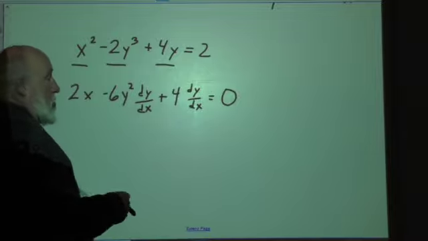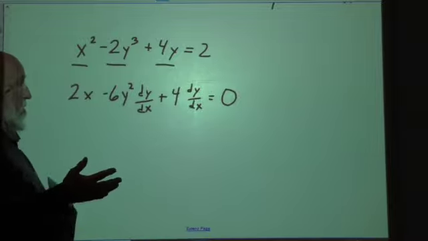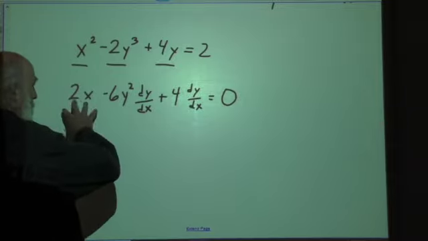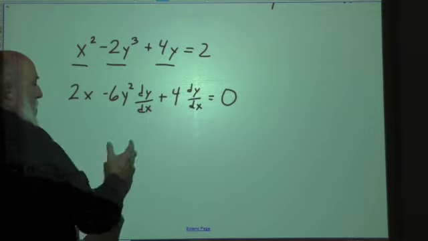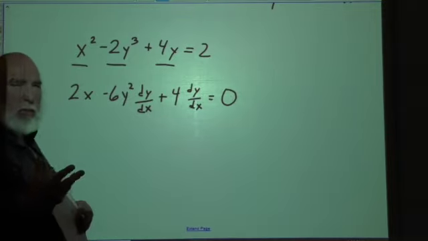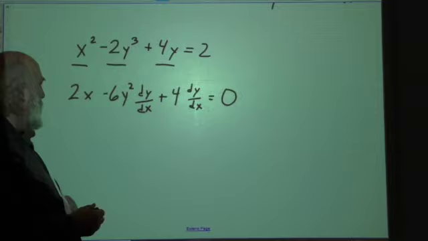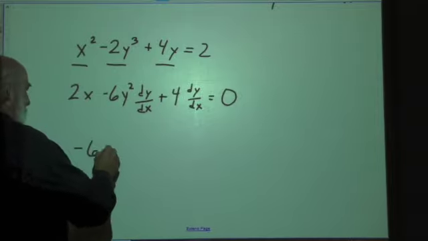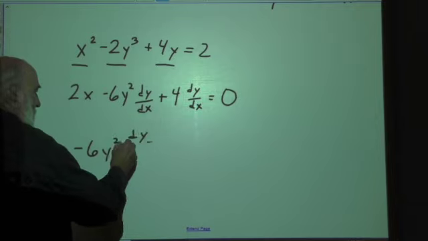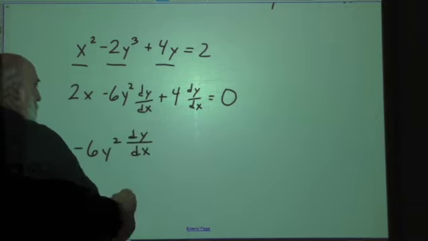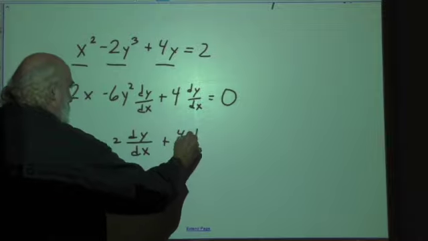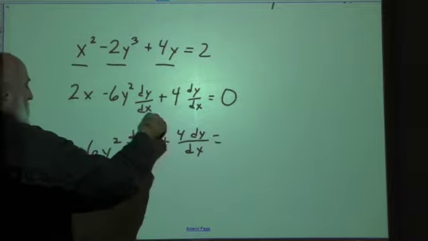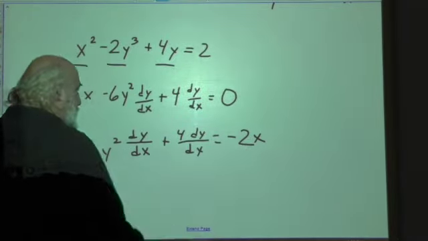Now, to find the derivative dy/dx, we're going to move this 2x over here and keep these dy/dx terms together. We're going to do a little algebraic manipulation. So we subtract 2x, and this is negative 6y squared dy/dx plus 4 dy/dx equals negative 2x over here.